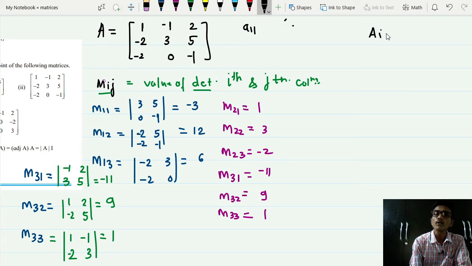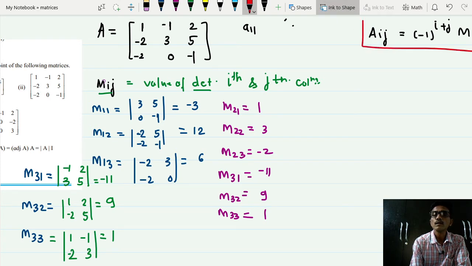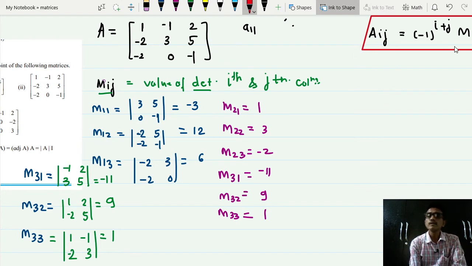Aij is the cofactor of the element aij, and it is given by minus 1 raised to power i plus j into Mij. So we will use this formula.